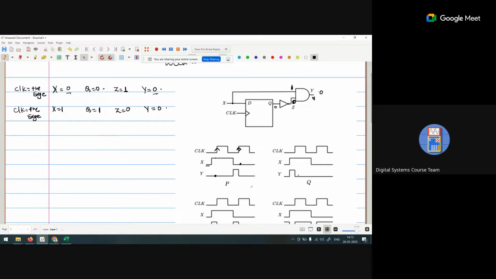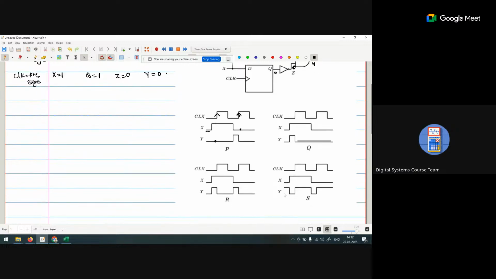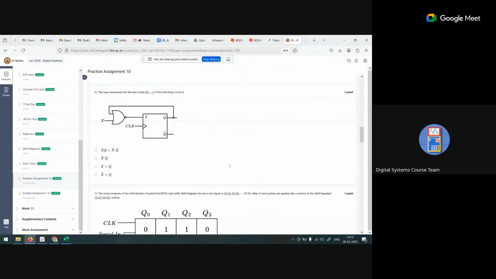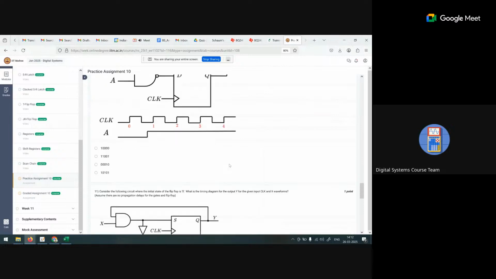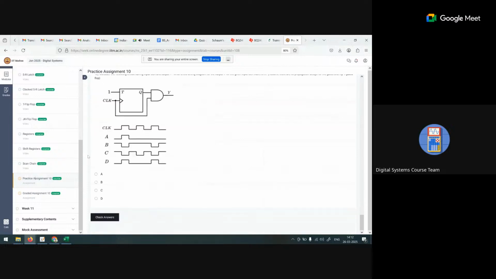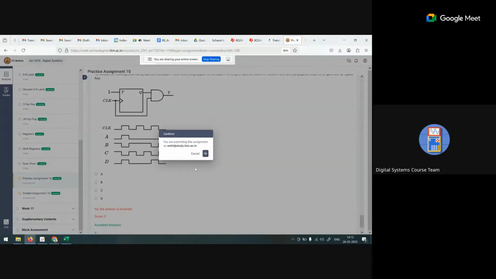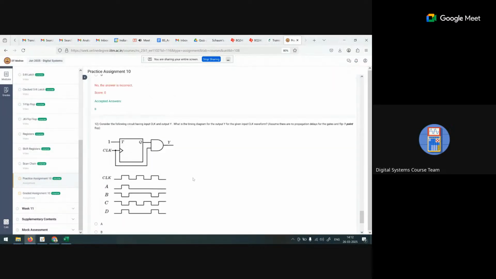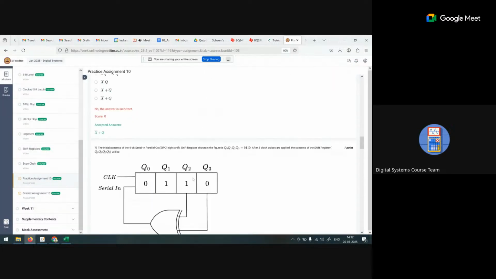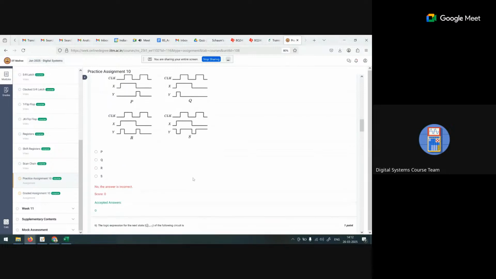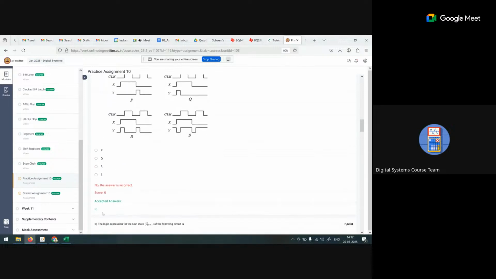So this is the output, the Q waveform. Here Q is the waveform.